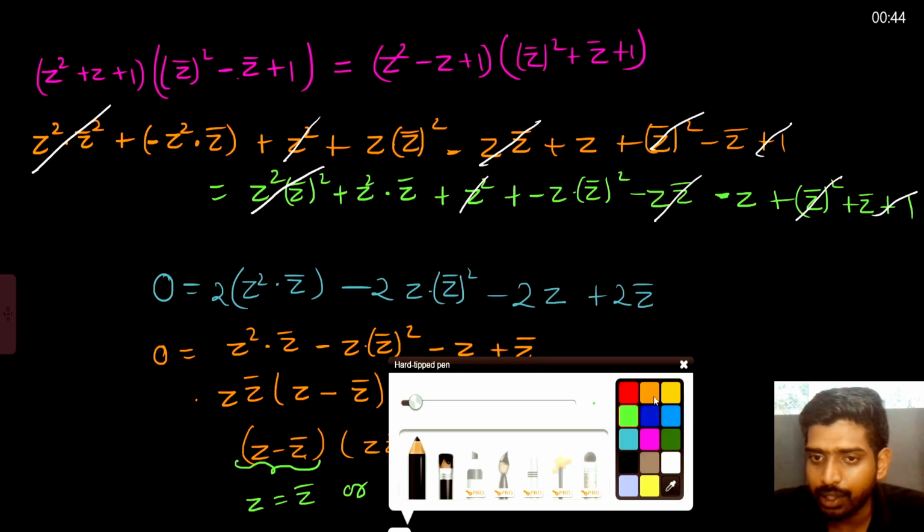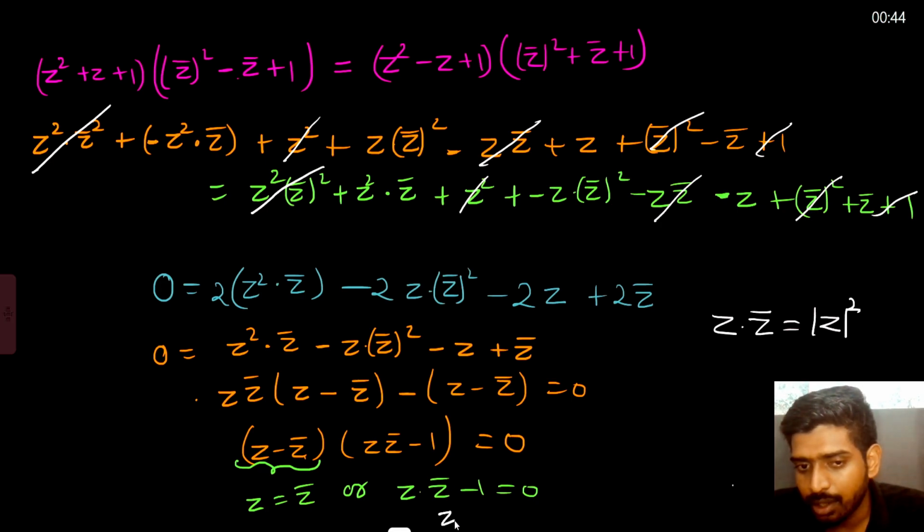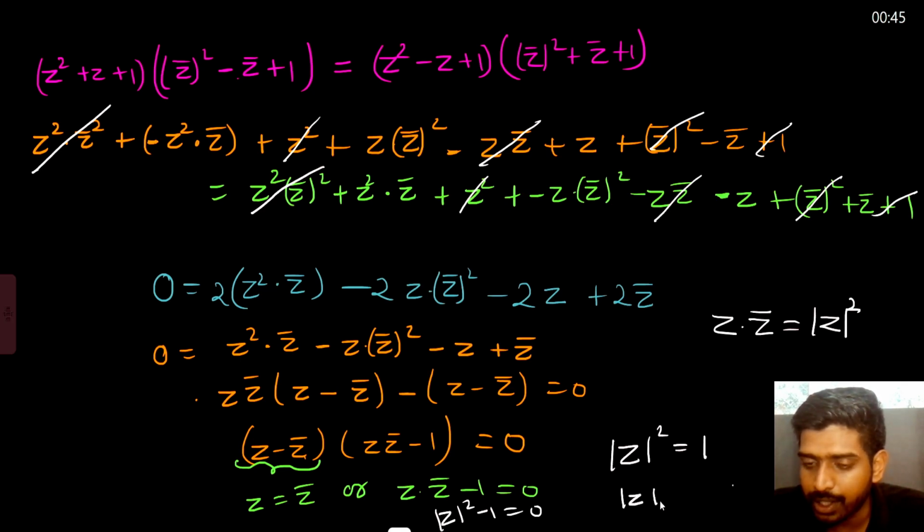We have seen in the properties of complex numbers, especially modulus of a complex number, that z multiplied by z conjugate is nothing but modulus of z square. Got it? So here z into z conjugate is modulus of z square minus 1 is equal to 0. So modulus of z square will be equal to 1, and from here modulus of z is equal to 1.